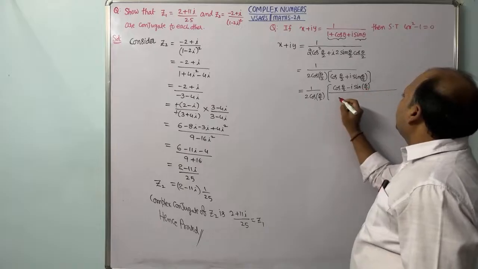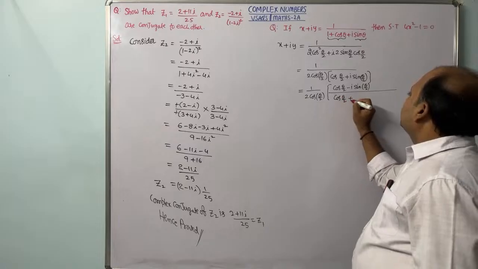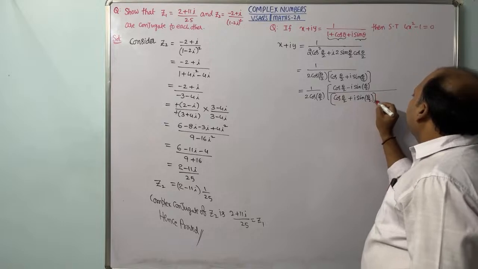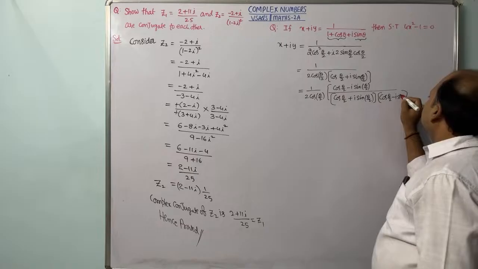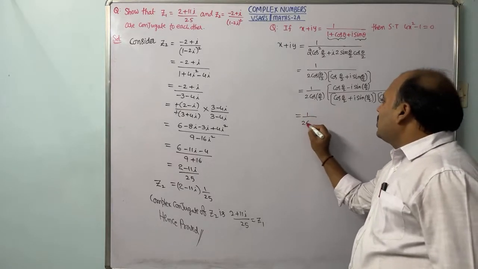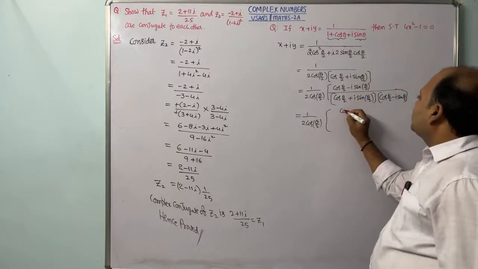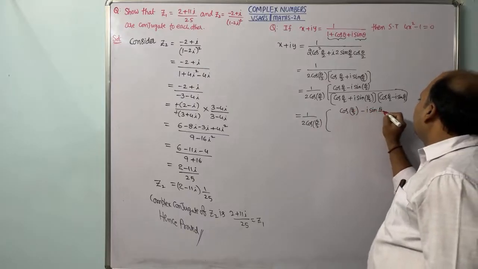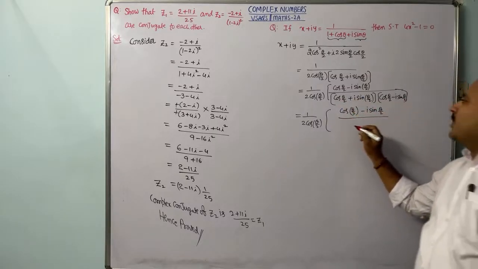The cos theta by 2 plus i sin theta by 2 is already there, and we multiply with cos theta by 2 minus i sin theta by 2, divided by a plus b into a minus b, a square minus b square.